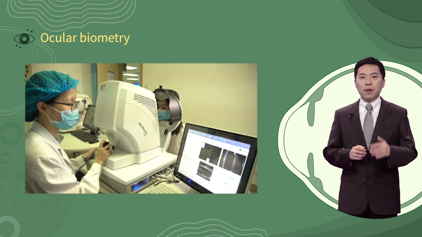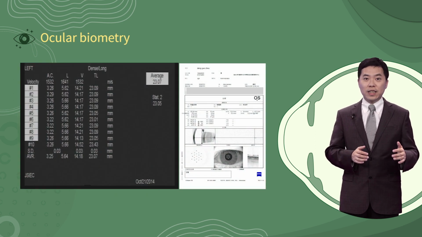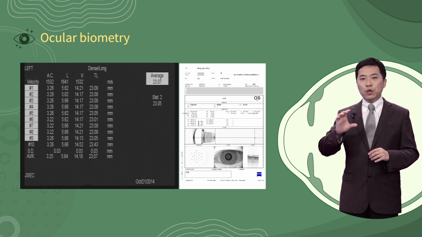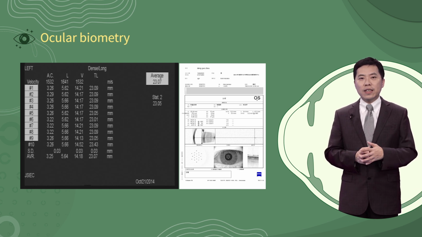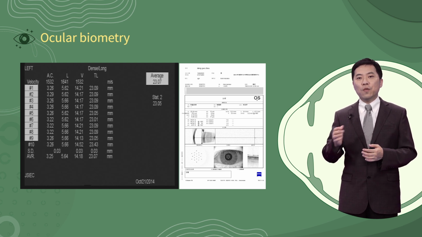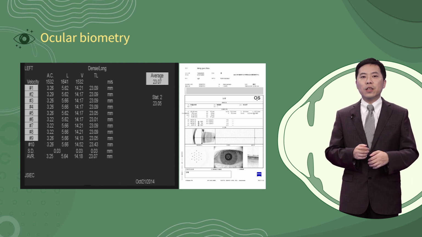Both of them can measure the central cornea thickness, anterior chamber depth, lens thickness, vitreous depth, and axial length, which are important parameters for calculation of intraocular lens, refractive surgery, and monitoring the growth of the eye.